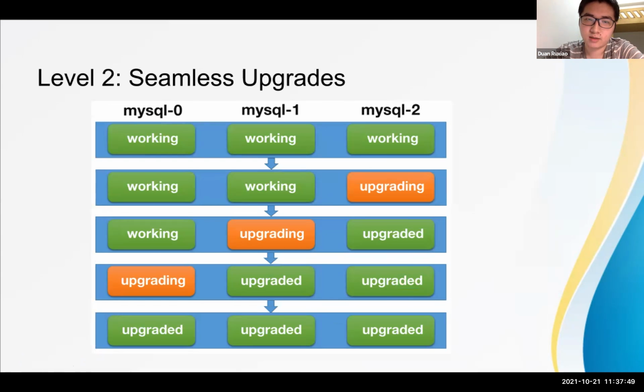So we can specify the database cluster to have at most 1 pod upgrading at the same time. In this case, if our cluster has 3 pods in the database, we will have at least 2 pods working at any time. In this way, we can avoid any data loss or downtime, because there are always some pods working. And that's level 2.